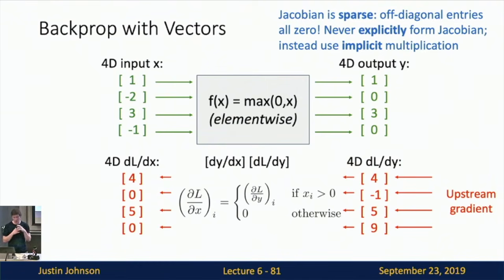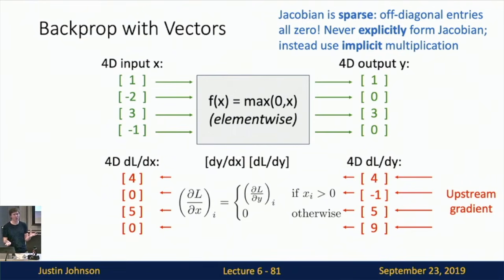The way you should think about this expression is that it is a very efficient implementation of an implicit multiplication between this large sparse local Jacobian and this upstream gradient vector. Is this clear?